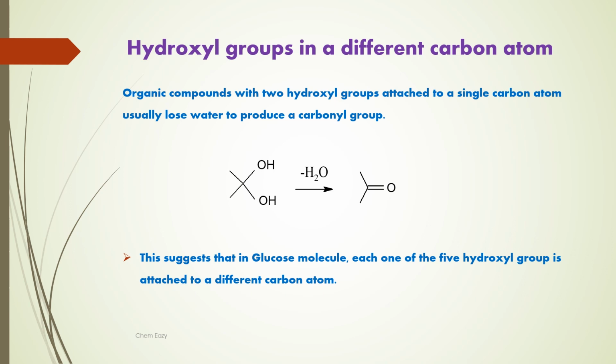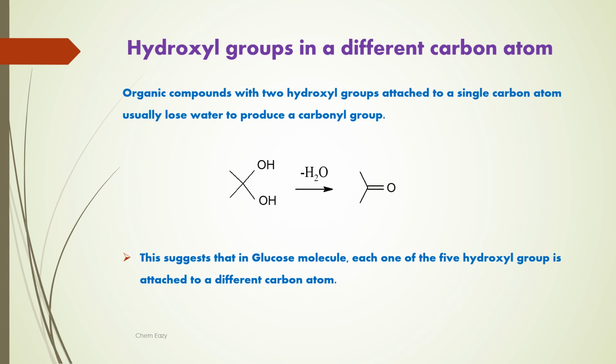Usually, if an organic compound has two hydroxyl groups attached to a single carbon atom, it undergoes loss of water and produces a carbonyl group, as given in this reaction. If the same carbon in the glucose molecule were bonded to two hydroxyl groups, it would lose a water molecule and produce a carbonyl group, but this is not true for glucose.